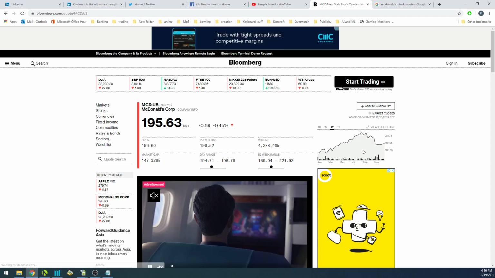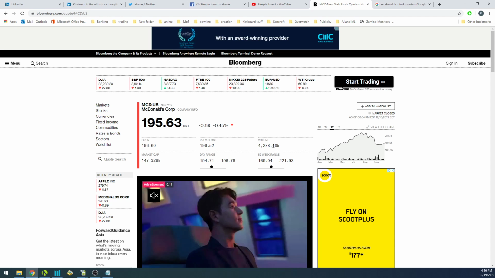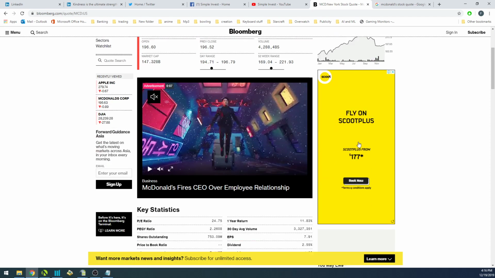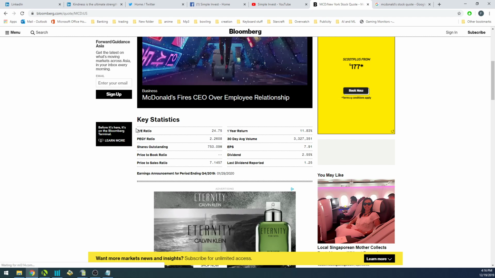So McDonald's currently is priced at $195.63 per stock. It is no longer at a 1-year high. This is their PE ratio, their price to earnings. Price to book is not displayed, maybe negative, I'm not too sure.